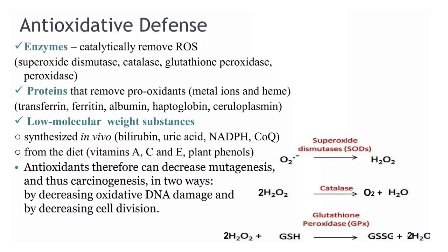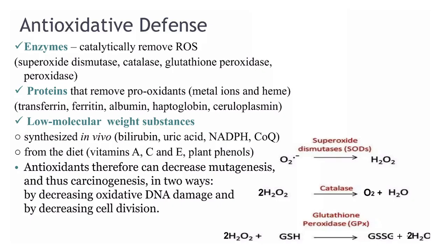You have certain proteins that remove the pro-oxidants like transferrin, ferritin, albumin, haptoglobin, ceruloplasmin. And then there are low molecular weight substances that are synthesized in vivo or obtained from the diet in the form of vitamins and plant phenols.